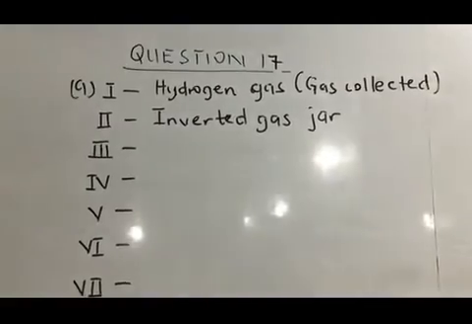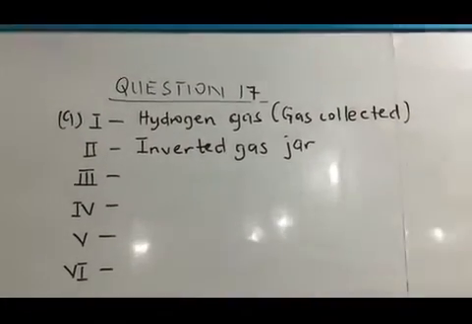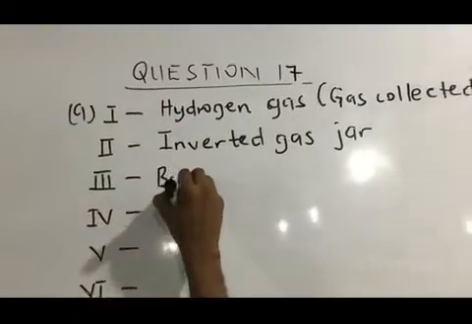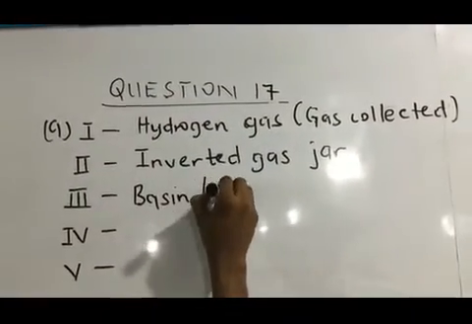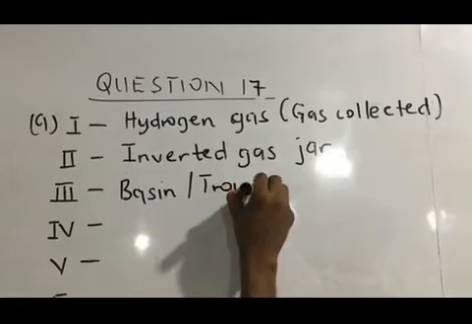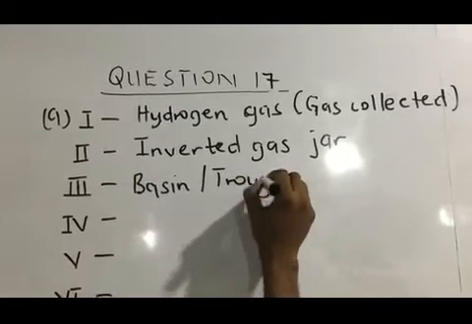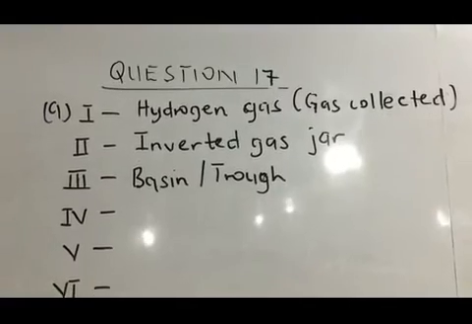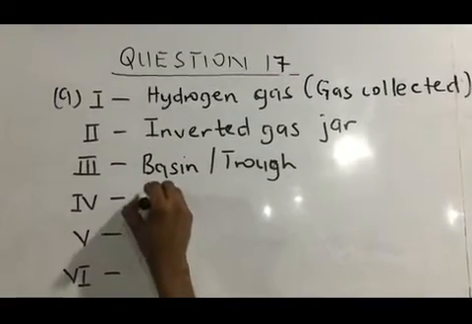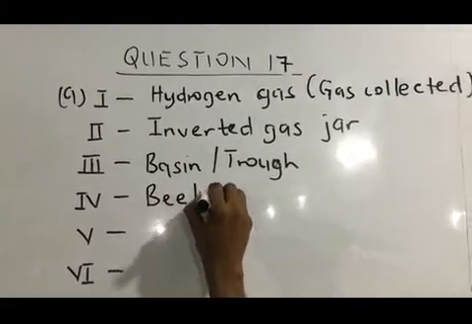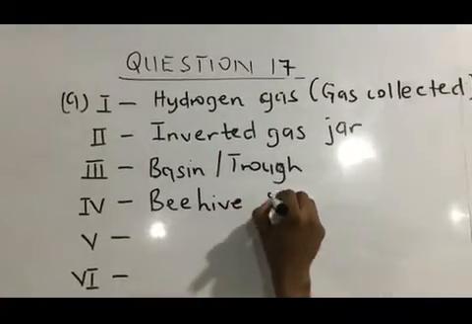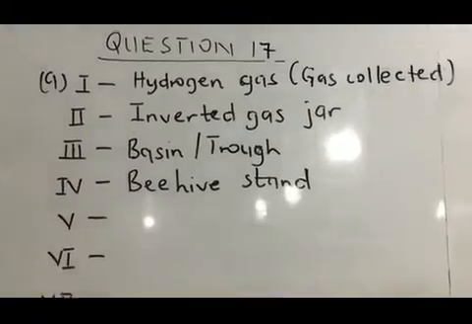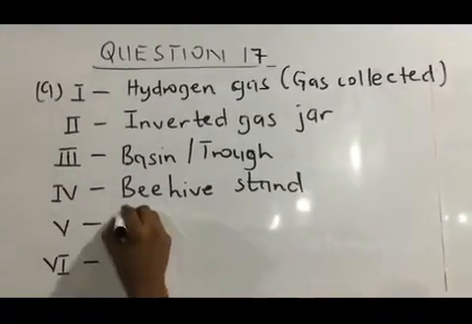Okay. Then your III is a basin or trough. Your IV is the beehive shelf. Your V is a delivery tube.